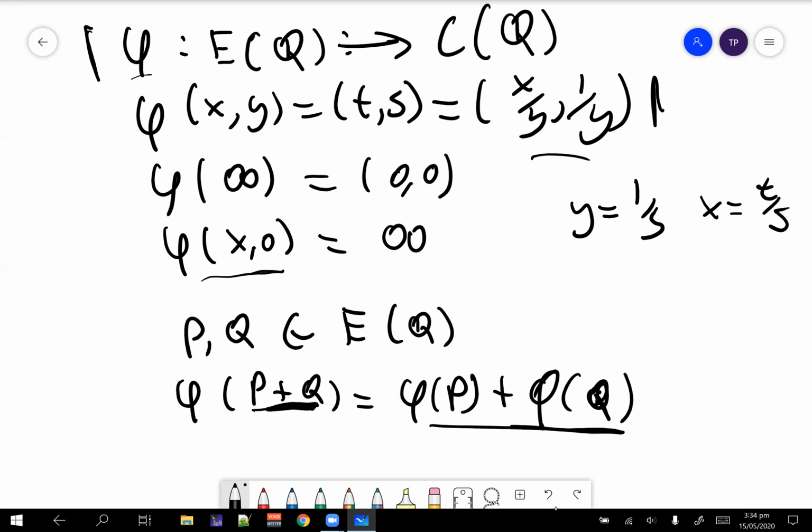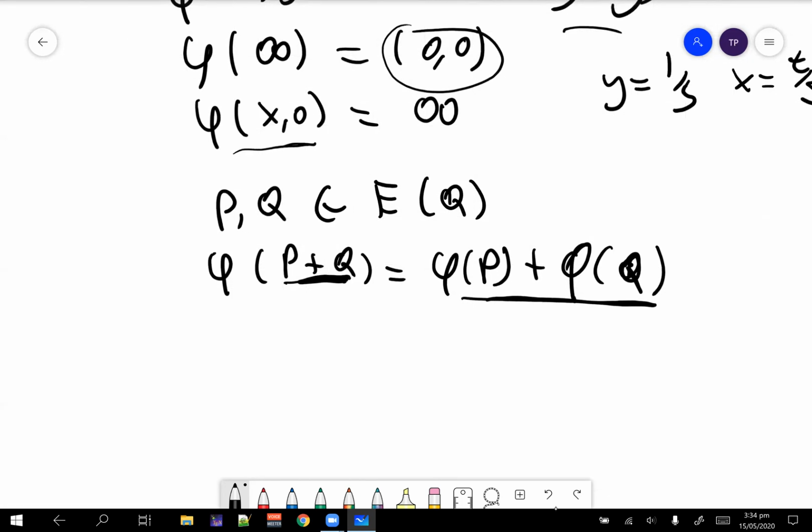But here the identity is the origin, so we have to flip it over the origin point. So on the left-hand side, if a point was up here, then negative P would be somewhere down there. And on this side, if P was here, then negative P would be there.